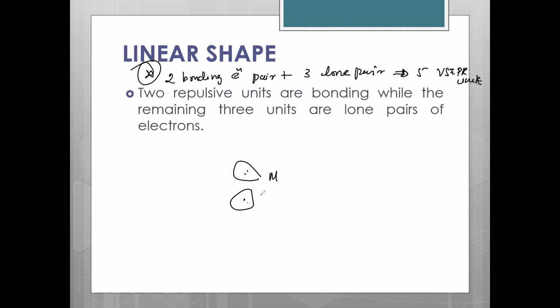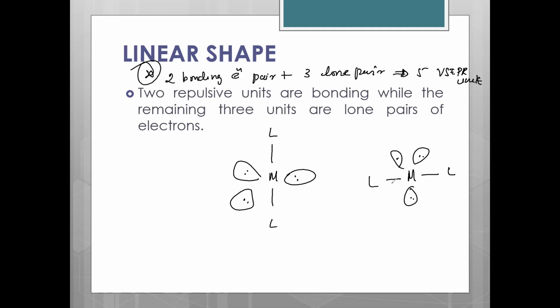All three lone pairs in one plane, and the bonding pairs are perpendicular to this. You can draw like this, M, or you can draw like this also, it doesn't matter.